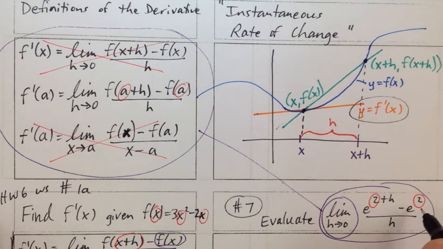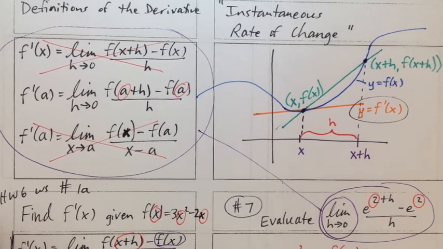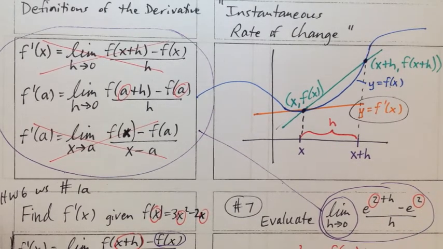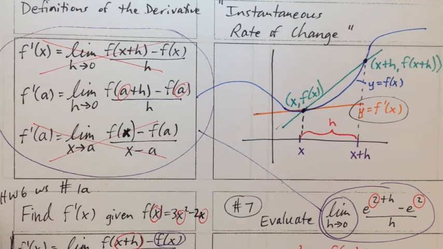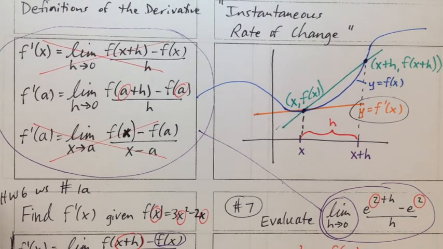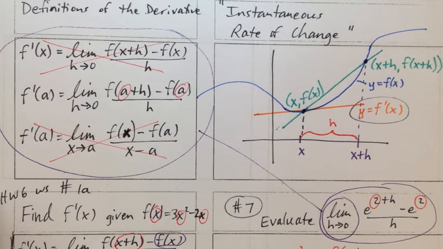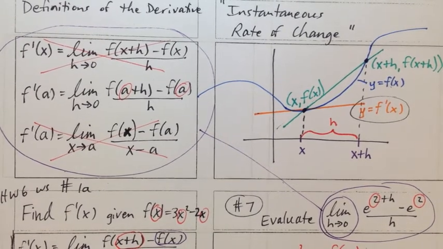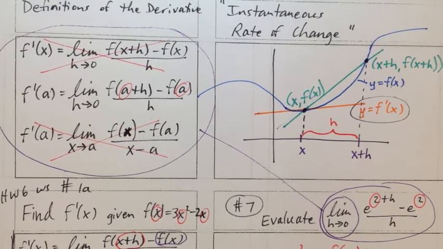So if we back up here, e squared represents f of 2. Okay? Well, e to the 2 plus h represents f of 2 plus h. Well, we should recognize here that e to the x then would be f of x.